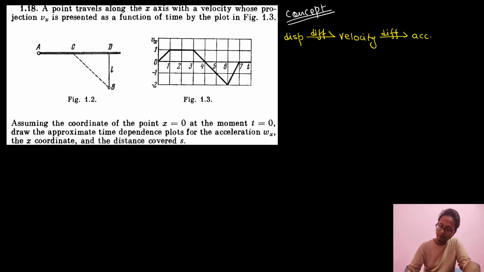If we differentiate acceleration with respect to time, we get jerk. The jerk is a little bit outside our syllabus, but the reverse is also true. If we integrate jerk with time, we get change in acceleration. If we integrate acceleration with respect to time, we get change in velocity. Similarly, if we integrate velocity with respect to time, we get change in displacement.